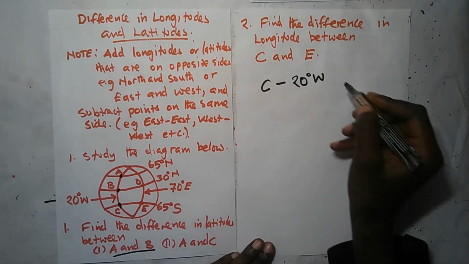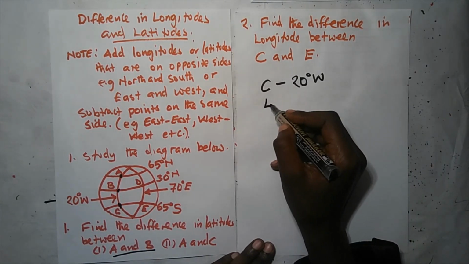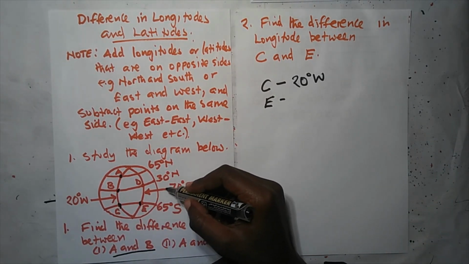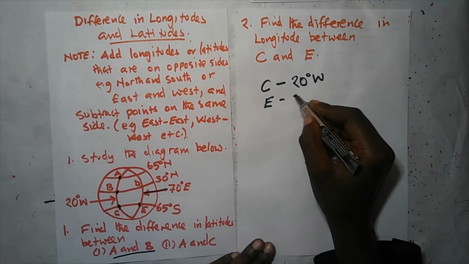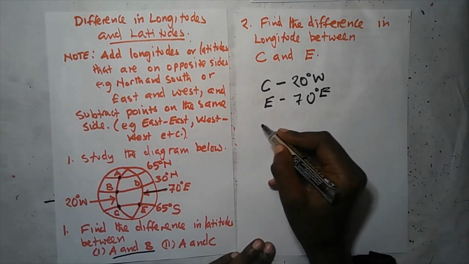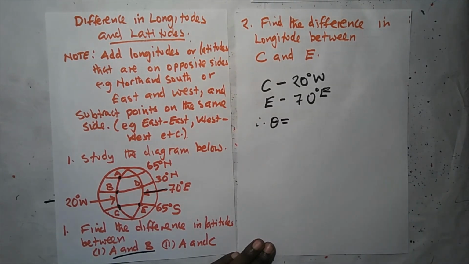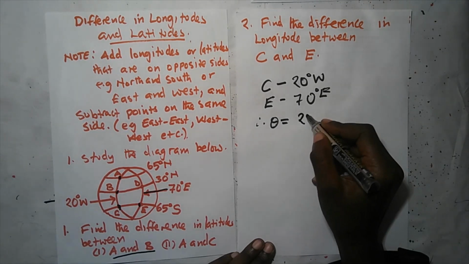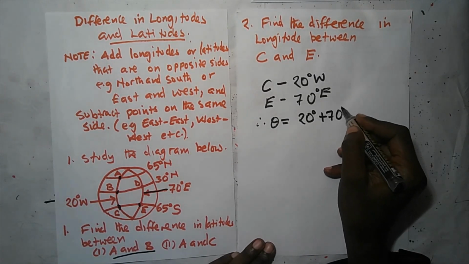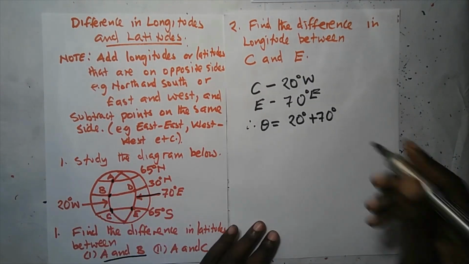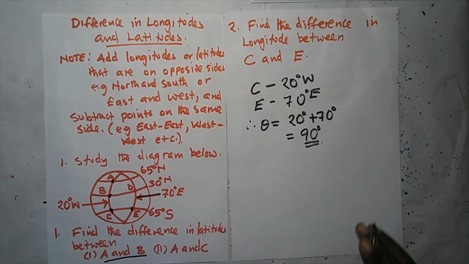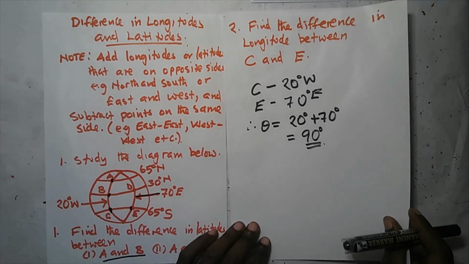And then E is here, and the longitude for E is 70 degrees east. So theta, which is the difference in the longitudes, is found by adding these two. We add 20 degrees plus 70 degrees because they are on opposite sides, which gives us 90 degrees. So this is our difference in the longitude.